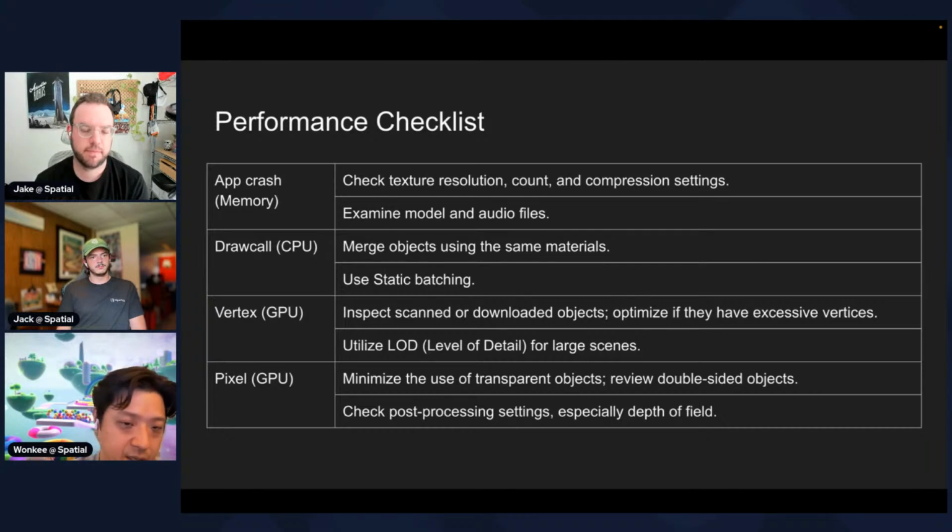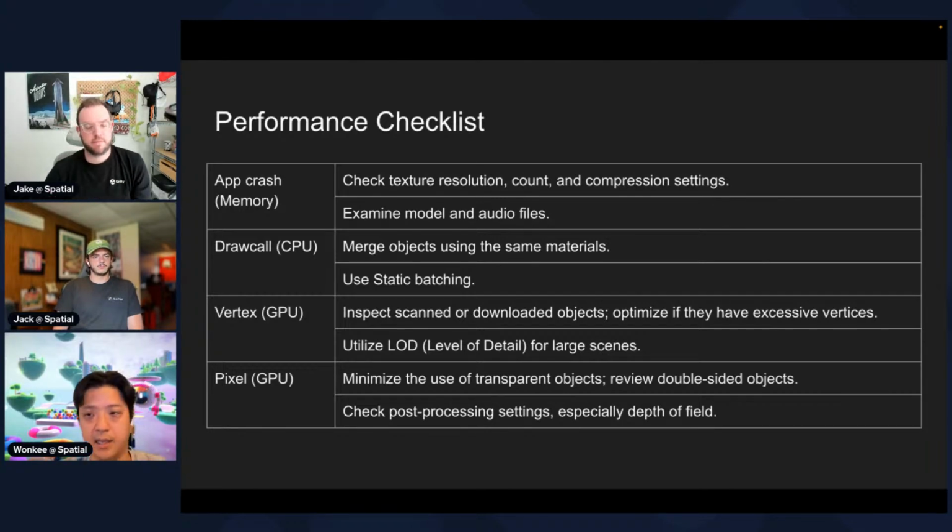Even with the SRP batcher, where Unity batches those objects and draws them at once, Unity still does a culling process on the CPU. It needs to calculate positions and determine which objects to batch and which to cull. So having many objects is still not recommendable. I would recommend merging objects as much as possible in your model files. You can also use static batching, but just merging objects would be the best, though static batching might also help.